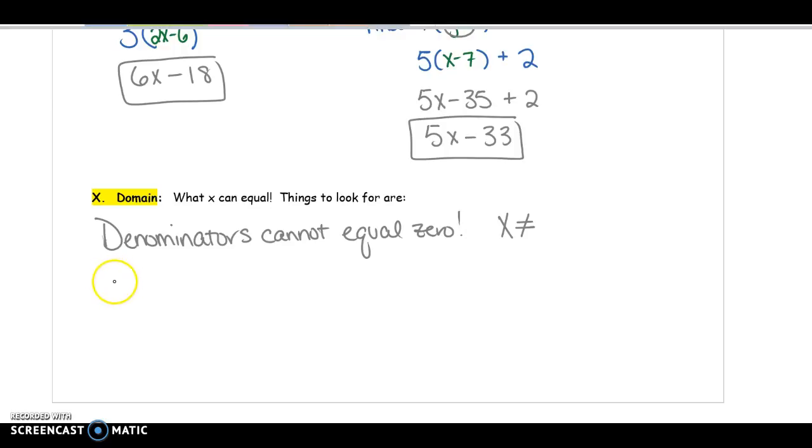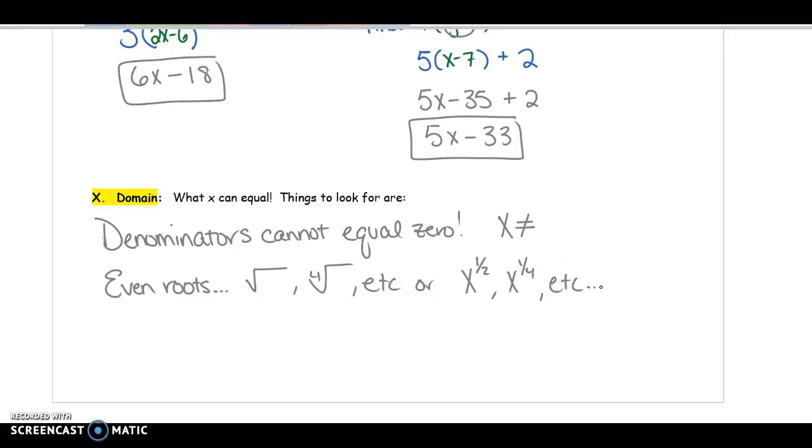If your denominator is 5x, 5 times x, then your restriction would be x can't equal 0. The other thing you need to look for is even roots, like square roots, fourth roots, etc., or x to the 1/2, x to the 1/4, etc. If you have an even root or an even denominator rational exponent, your restriction would be x is greater than or equal to 0.